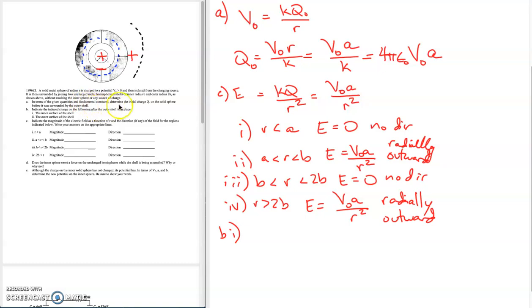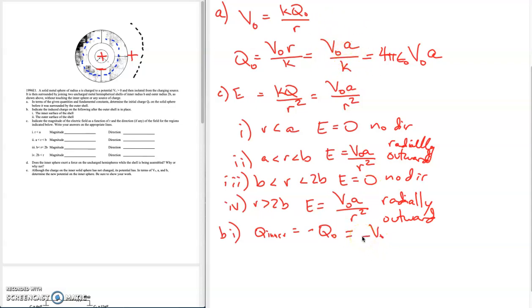The induced charge at the following, the inner surface, the outer surface. Okay, so I've discussed that a little bit. We will need to have the same amount of charge on the inner surface as we have in the central sphere. So the inner surface of the shell, Q inner, is going to be equal to negative Q naught, which is also this guy with a minus sign.